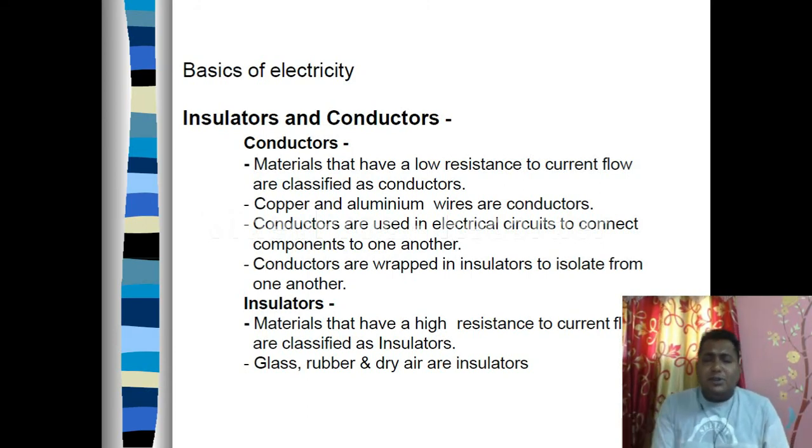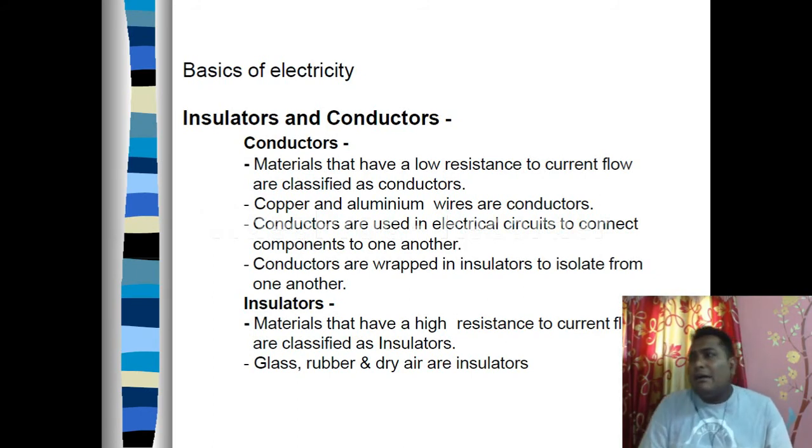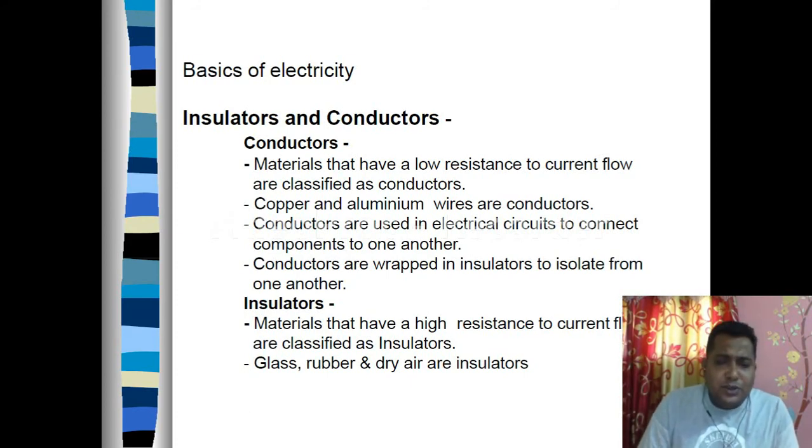An insulator has no free electrons, and its nucleus and electron bonding is at such a high level that no electrons can come out of the system, so no current can flow through it.